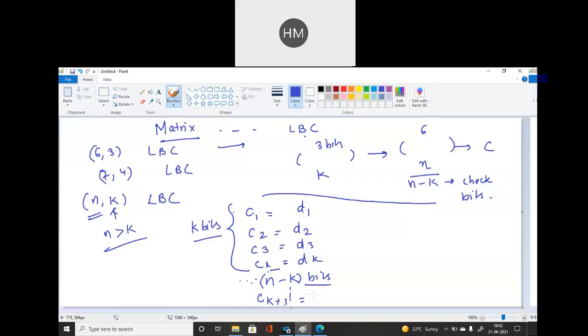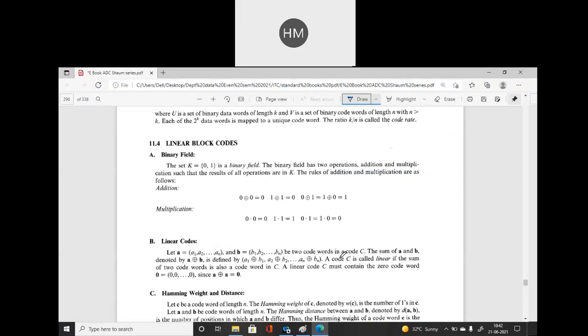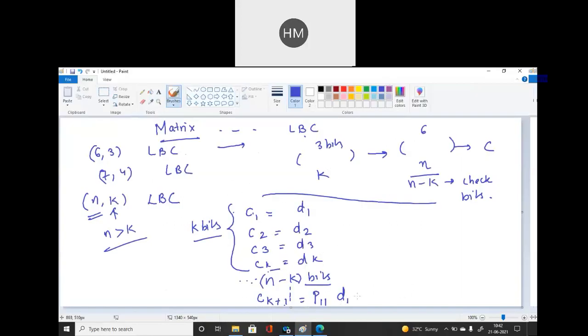So here you have to write the equation: P11 D1, then P21 D2. This sequence is very important. Till Pk1 Dk.